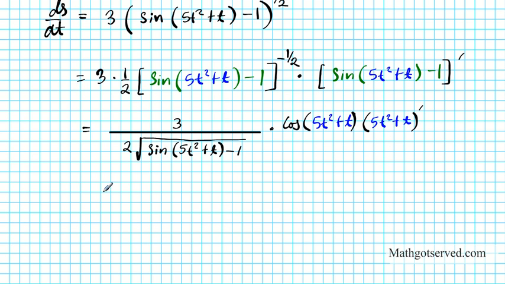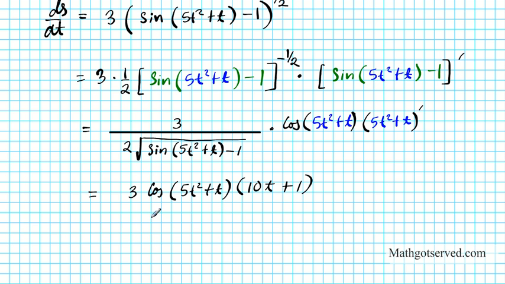So now we're going to write this as 3 cosine 5t squared plus t. Now let's differentiate this, term by term differentiation of this polynomial function. We're going to have 10t, applying the power rule, plus 1. Okay?